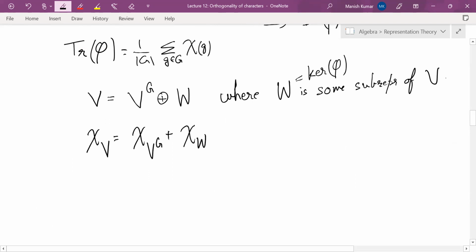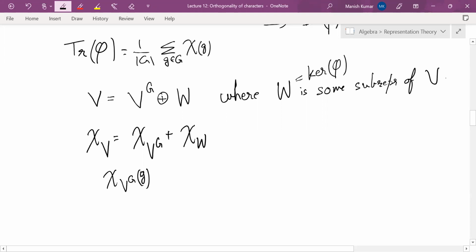But what is chi of V^G? V^G is a trivial representation, so everything acts via the trivial action. So chi of V^G of any element is just the dimension of V^G.